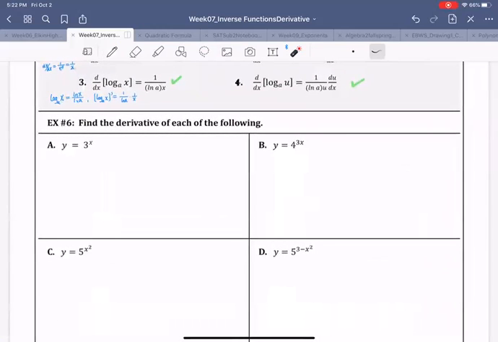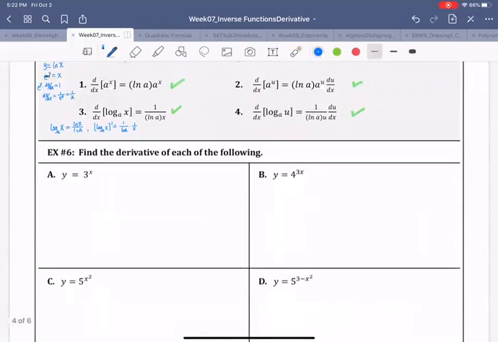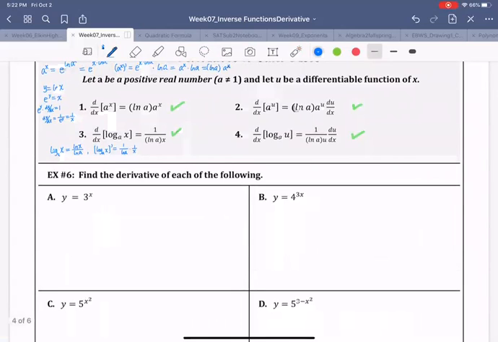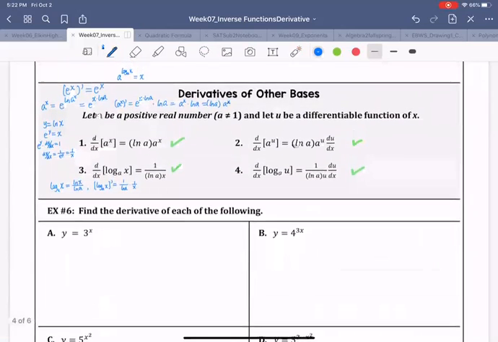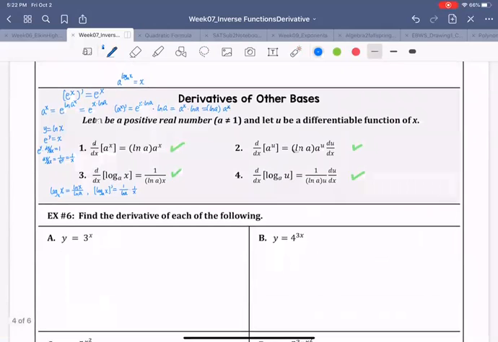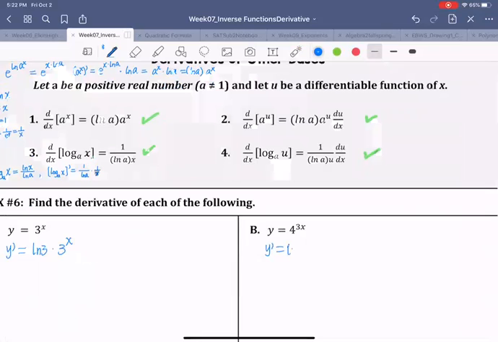Let's do this one: y equals 3 to the x. This is a to the x, that kind of thing, so it's ln 3 times 3 to the power x. And this guy is ln 4 times 4 to the power 3x, and then times 3.